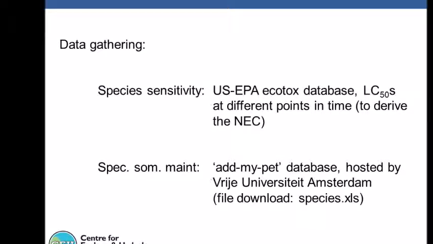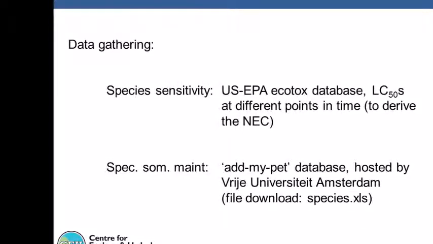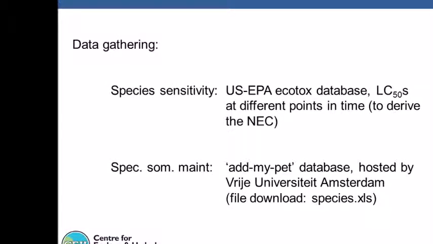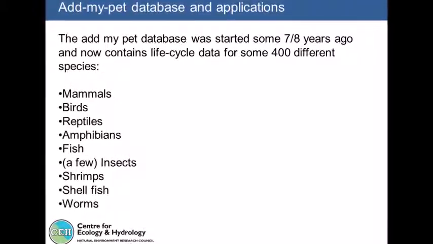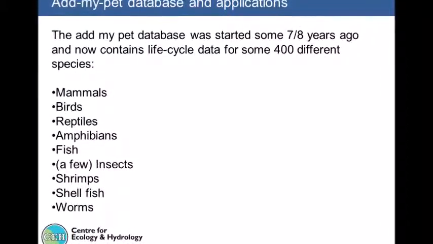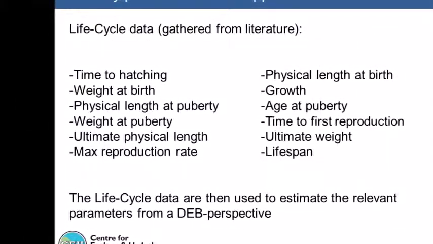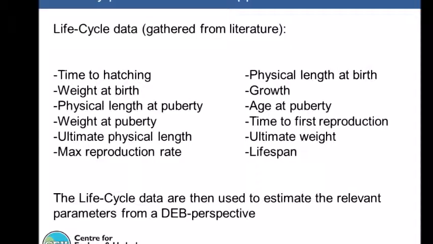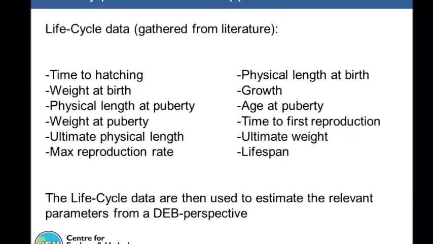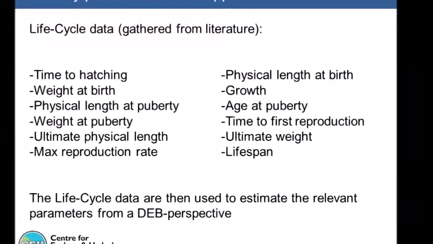Basically, this is a list of species, 411, I heard a few hours before. So it's 411 species, and for each species, typical life cycle parameters are gathered: maximum length, how old they get, when they start reproducing, and a number of other life cycle parameters.